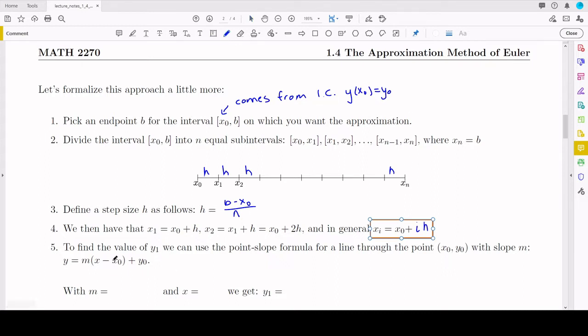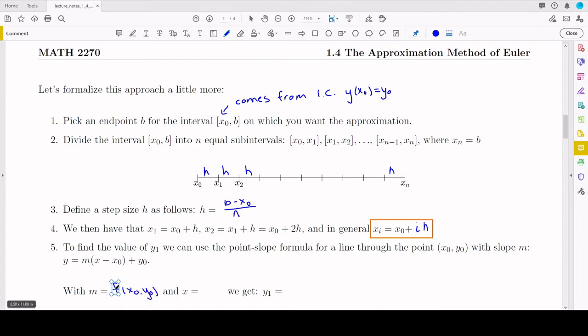Okay, now how do we find the y values? To find the value of y1, we can use the point slope formula for a line through the point x0, y0 with slope m. Right, this is our equation of the tangent line. Now, in our case, the slope was given by our function f at x0, y0.